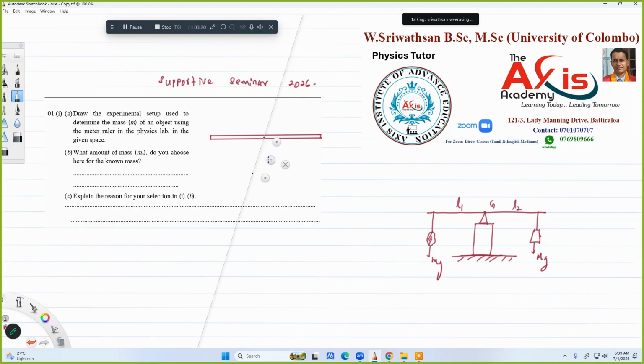Need to keep the ruler on the knife edge, and the knife edge should be placed on the wooden block.